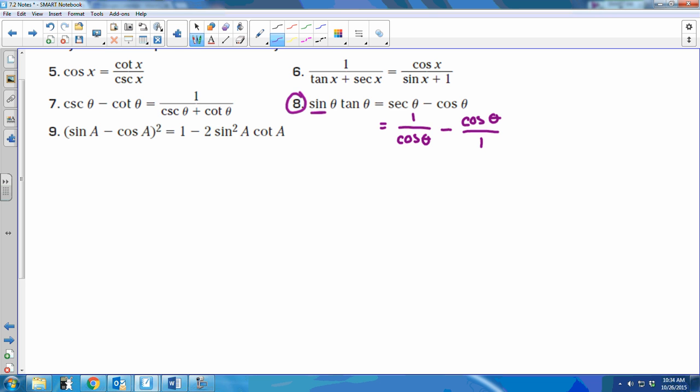If I wanted to subtract these, what needs to happen? Common denominator, right? So I need to multiply the second fraction by cosine over cosine because I need a common denominator.